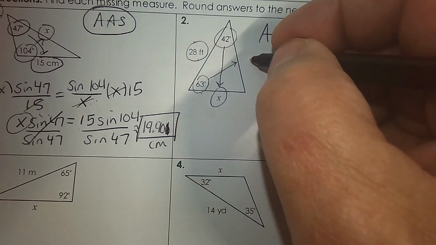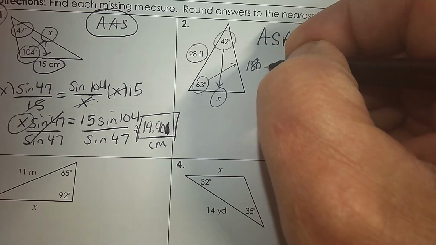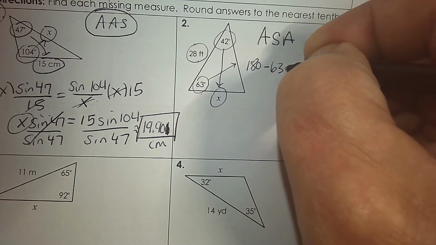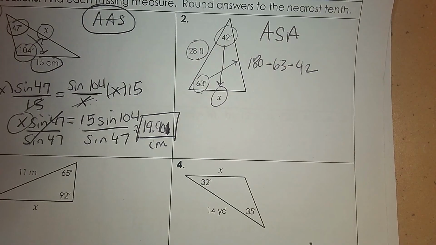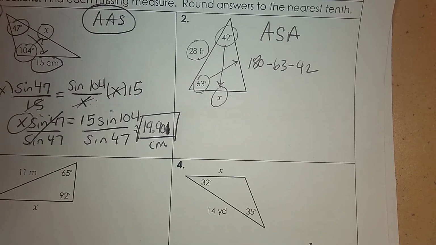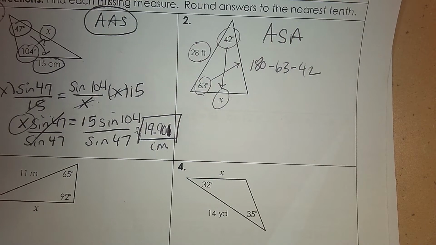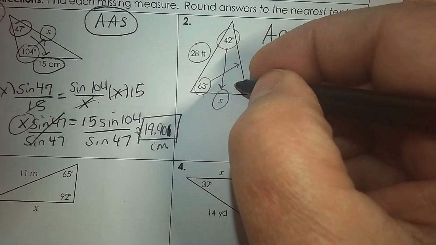So 180 subtract 63 subtract 42. Use your calculator. Did you get the angle 75?